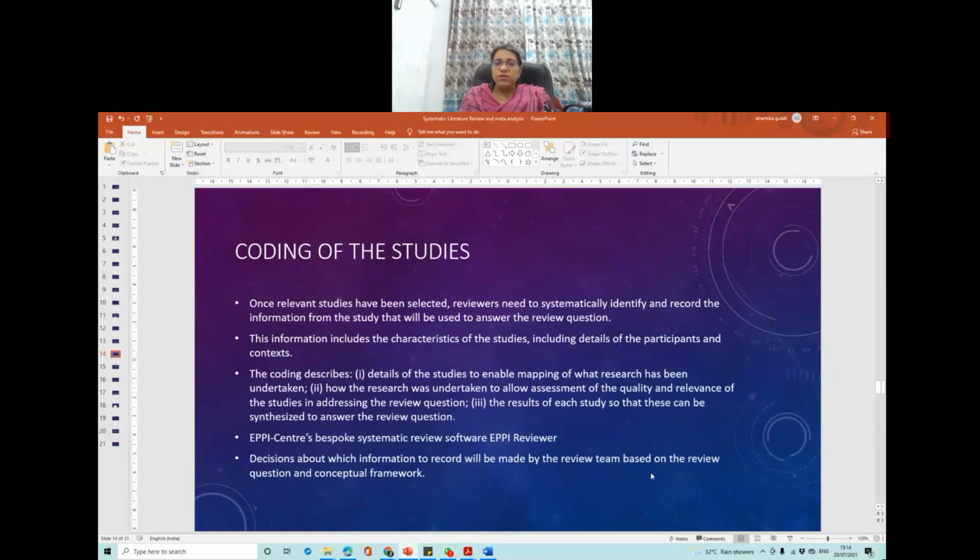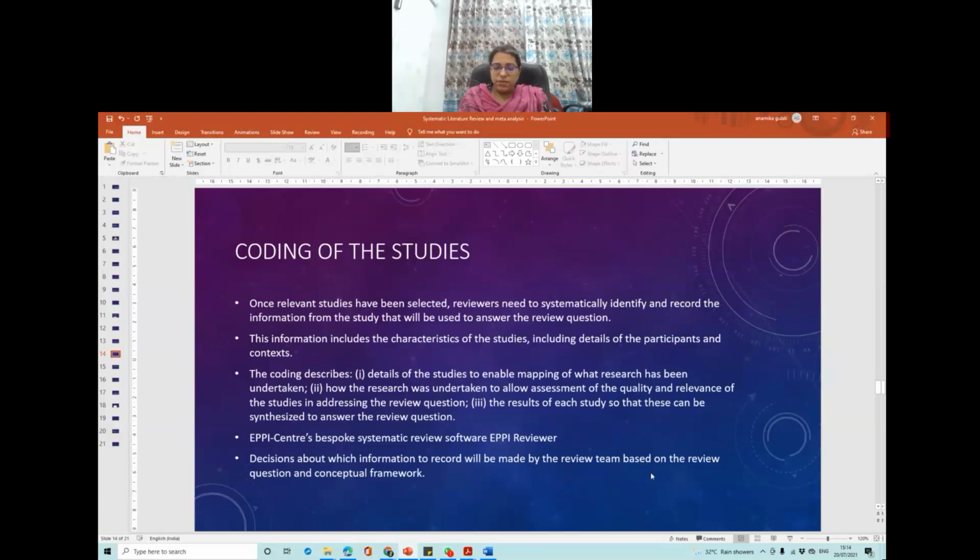So decisions about which information to record will be made by the review team based on the review question and conceptual framework. As we discussed, we need to have these decisions in the protocol itself, to decide what kind of information we need and how it needs to be extracted.